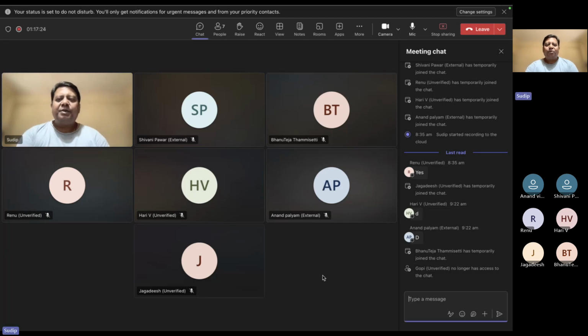Can any of you tell me what exactly is a container and how is it different from a virtual machine or any other server as well? All of you are searching Google.